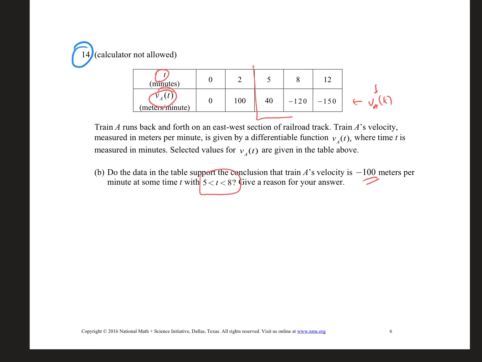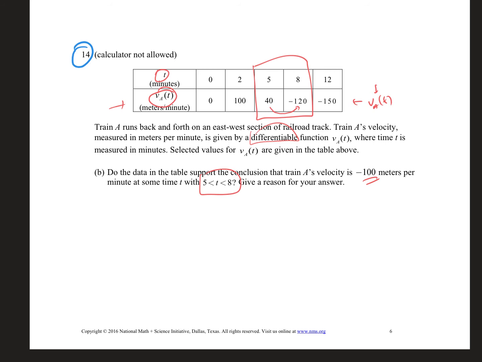So if I focus on that time interval between 5 and 8, and again, I'm talking about velocity, so the function's level that I'm on, they told you that the function is differentiable, so it has to be continuous. And that means as it goes from 40 to negative 120, it has to pass through every number on the way by the extreme value theorem.